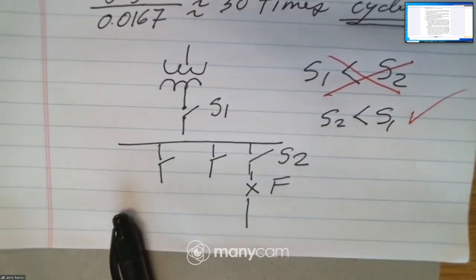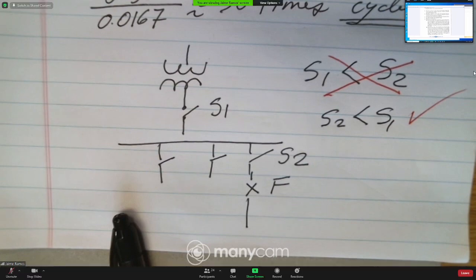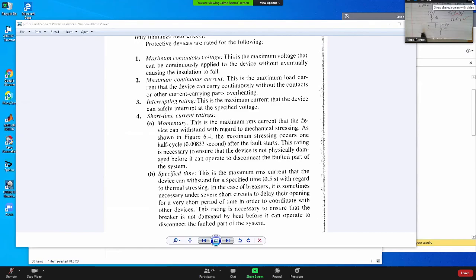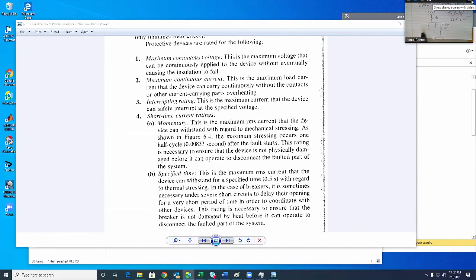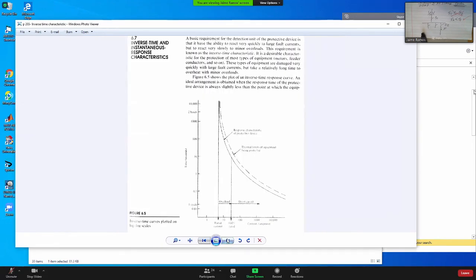The timing, okay? It's clear that if switch 1 operates before switch 2, then the other circuits which are not faulted are going to be affected. And that's not allowed. Okay, so then let's go.